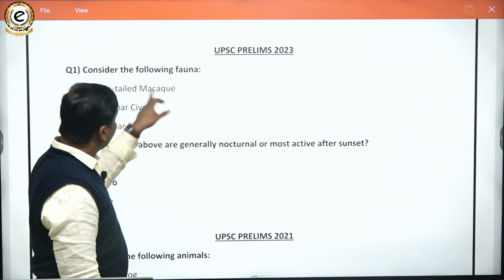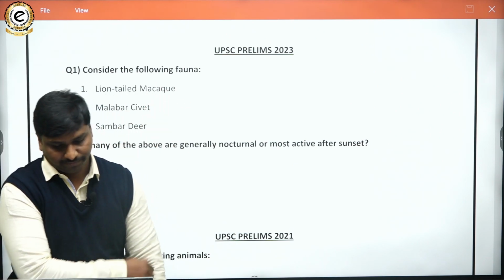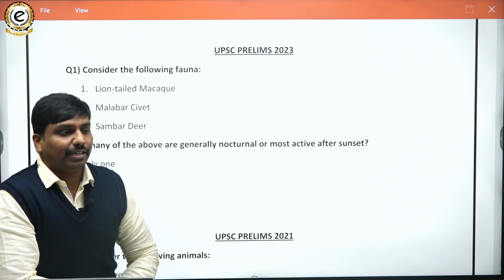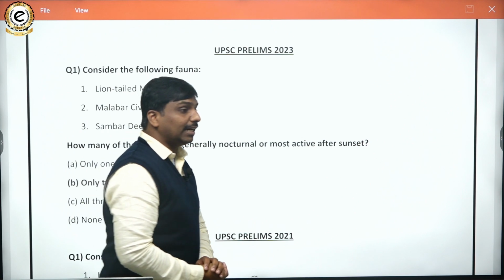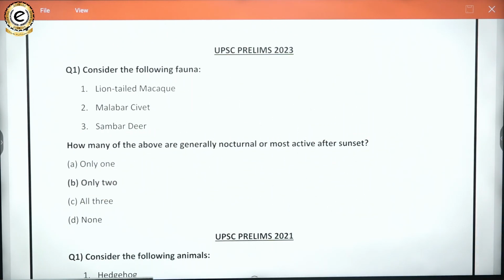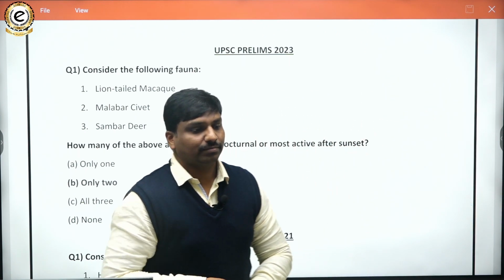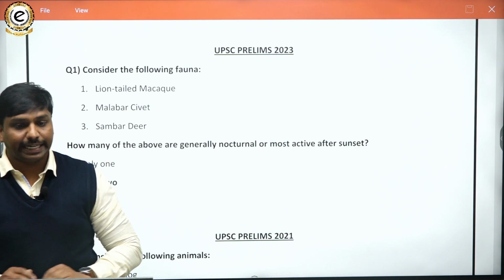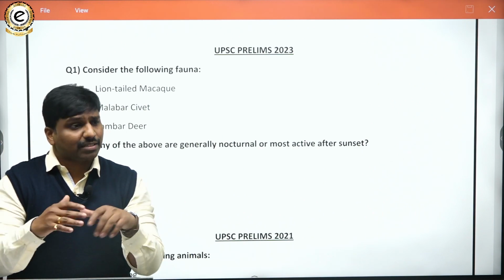Macaque is a kind of monkey, spelled M-A-C-A-Q-U-E. Then you mention birds like eagle, vultures, cranes, etc. Diurnal animals are very common.